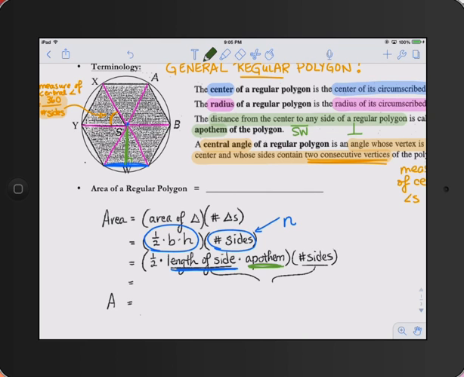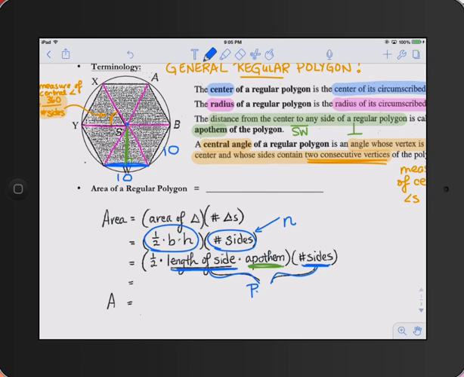So if you multiply the length of one of the sides by how many sides there are, let's say each one is 10 units long and there's 6 sides, what are you finding when you do that? Well, each side is 10, there's 6, that's the distance around the whole thing, that's the perimeter. I'm running out of space here.